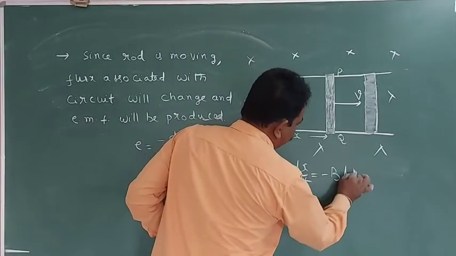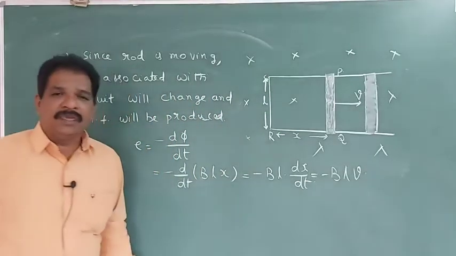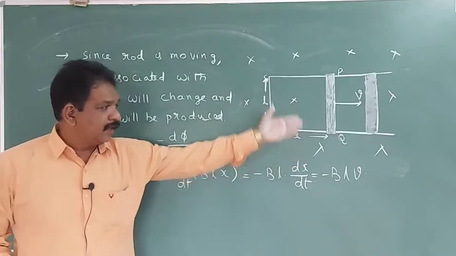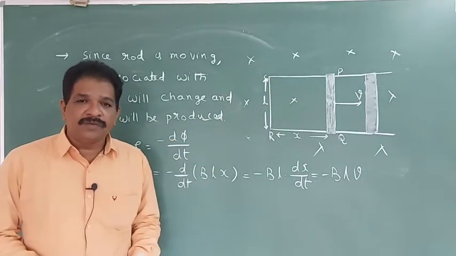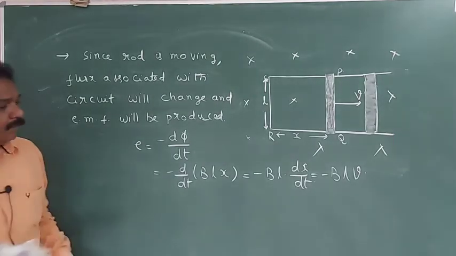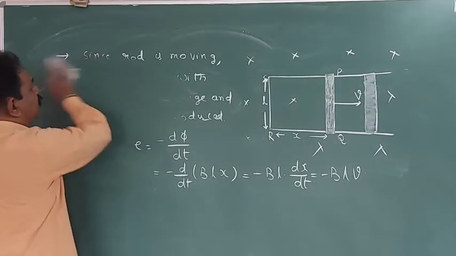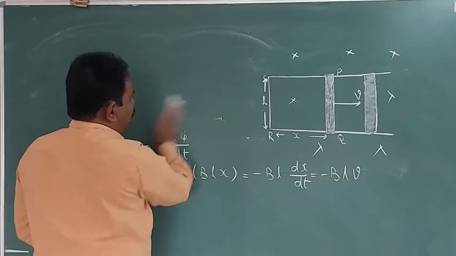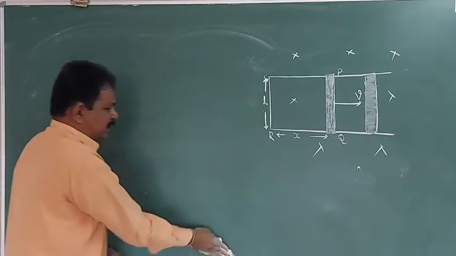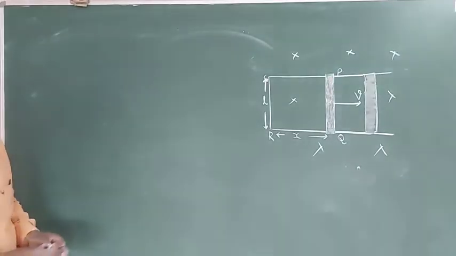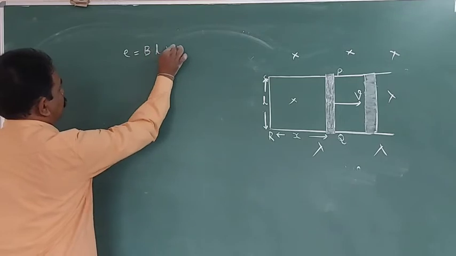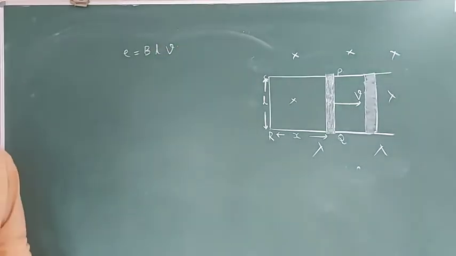So this is equal to minus BLV. So the induced EMF in the rod will be equal to minus BLV. If you write its magnitude only, then E is equal to BLV. Point is clear?